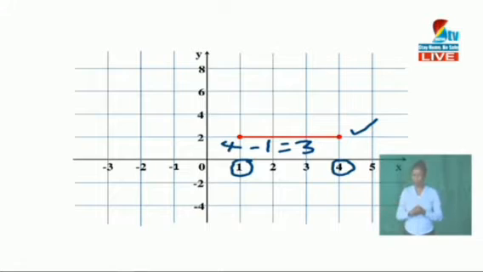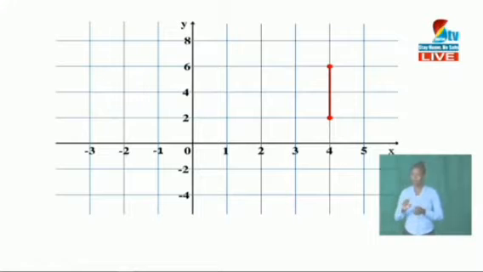Let's go to another line segment. Here is another line segment. Can you find the length of this line segment? I'm sure learners at home, you were able to find the length of this line segment. But I suspect some learners have given the length as 2.